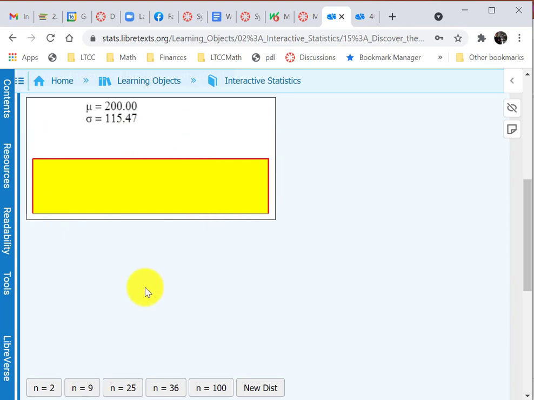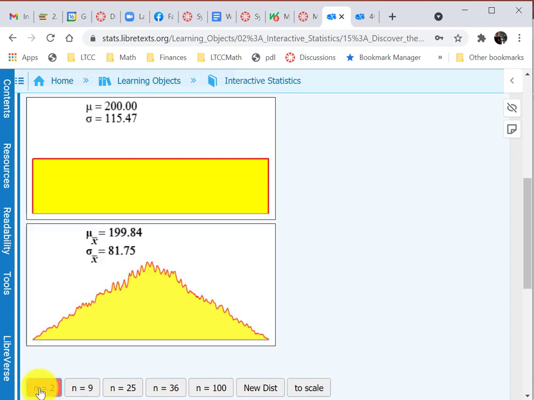Now, what about the sampling distribution? So if I choose n equals 2, then there's my sampling distribution. What that does is it randomly grabs a whole bunch of values from the uniform distribution, and the computer calculates the mean of all those values and the standard deviation of all those values.